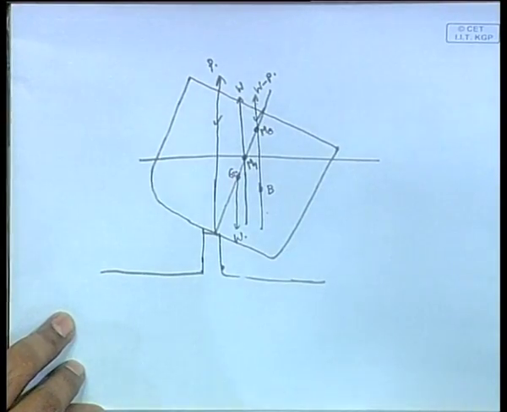When you assume that P is a buoyancy force, the result is that you will see that your M has come down. Your mathematics will show that your M has come down. Okay. Now, what has happened? G has not changed, G is still the same. So, your GM has decreased.